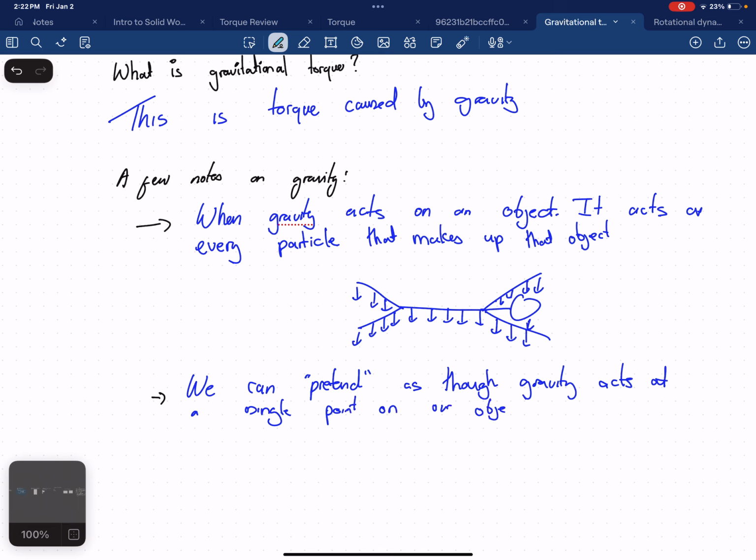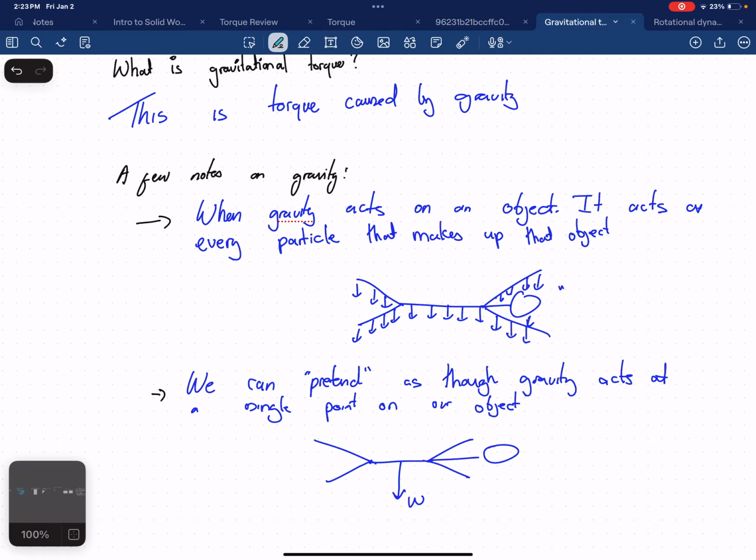So how would that look? Well, boom. These are all weight vectors. And this makes our analysis a lot easier.